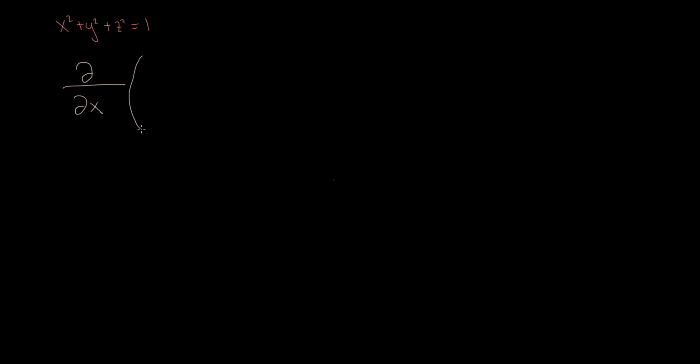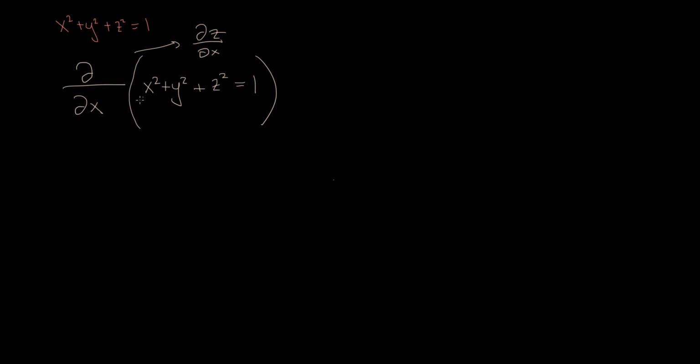So we'll give it something to act on, which is this entire equation. So we'll take the partial derivative with respect to x. And in this case, we want to find partial z, partial x. That's what we'll start with.